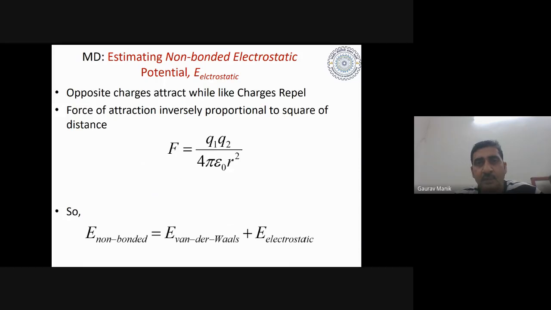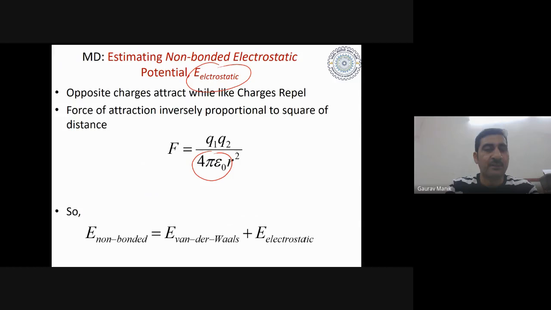You will also have to derive what you call the electrostatic potential, which we have read in our 10th and 12th classes: force is nothing but k q1 q2 by r square, and k is nothing but 1 by 4 pi epsilon, epsilon being the permittivity of the medium. So q1 q2 are the charges on the atoms, and given those, you can calculate the forces between those two charged atoms.